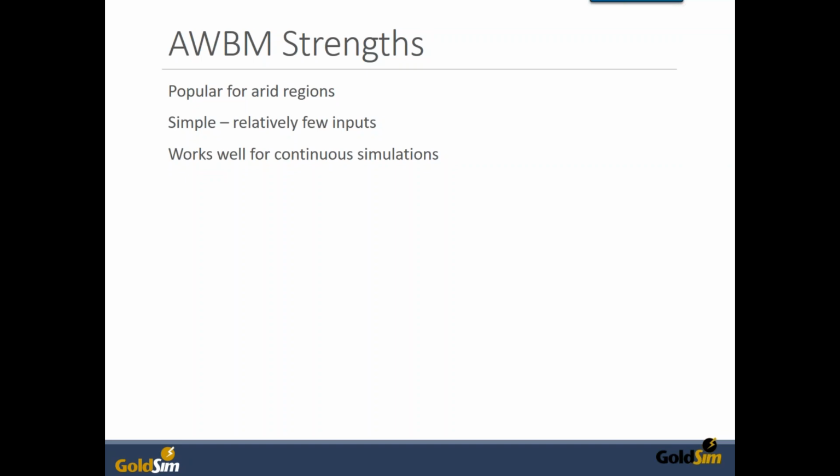But as you'll see in this presentation, it can be calibrated to observed runoff pretty well, and so I think it is a pretty good model to use in some cases, and it is all in GoldSim, so that's nice. And it does work well for continuous simulation.